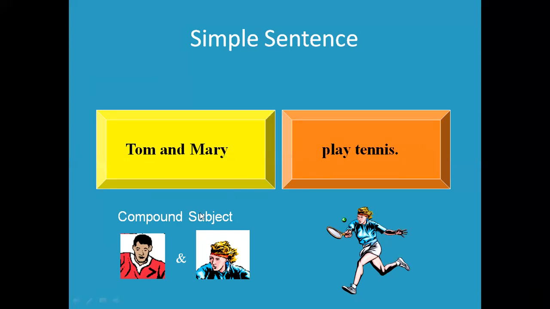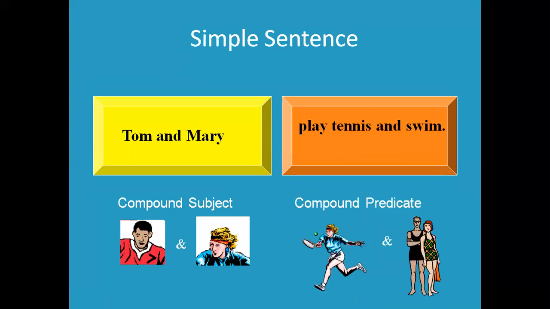Tom and Mary is a compound subject. Here is also an example of a simple sentence: Tom and Mary play tennis and swim. You see, compound subject, Tom and Mary. Compound predicate, play tennis and swim. That is a simple sentence.